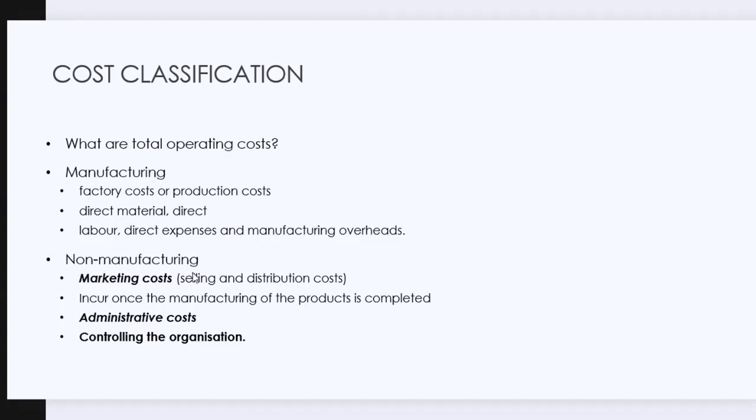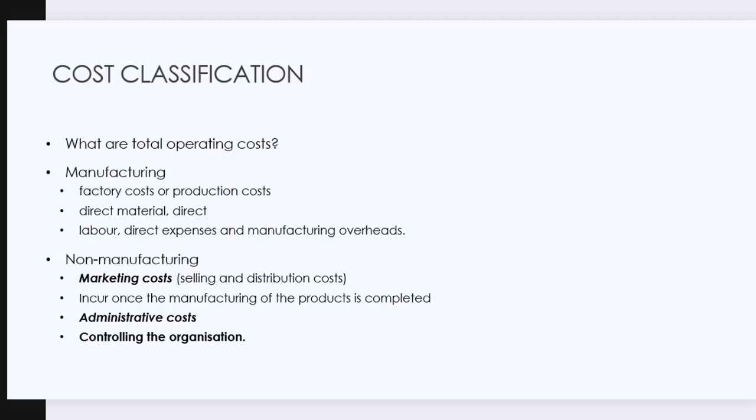But non-manufacturing costs are costs that are outside, that you incur once the products are completed. So let's say once this table production is done, any other cost over and above that, those are your non-manufacturing costs.